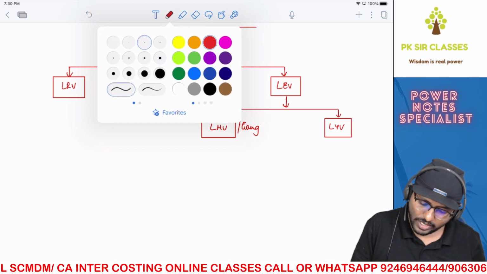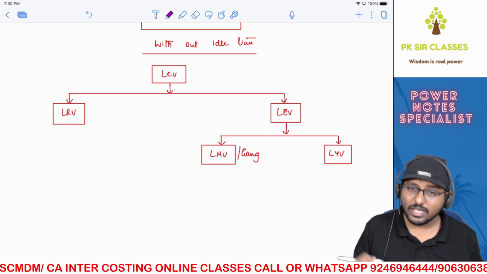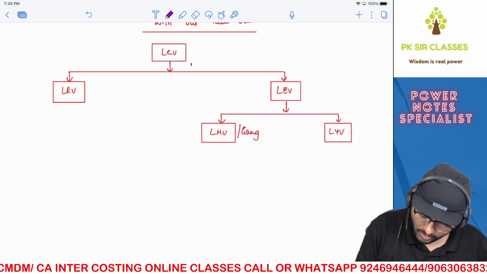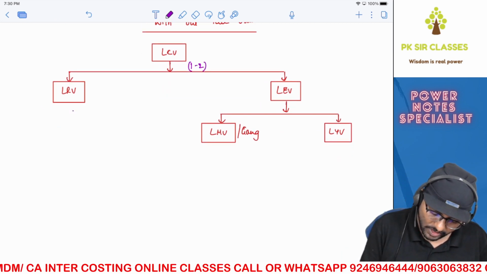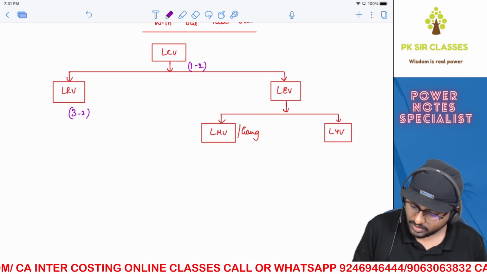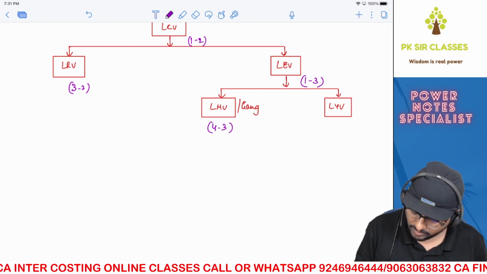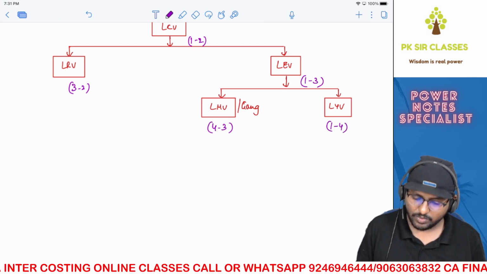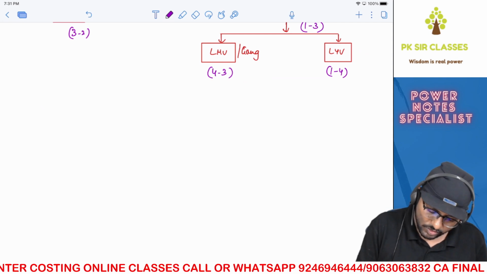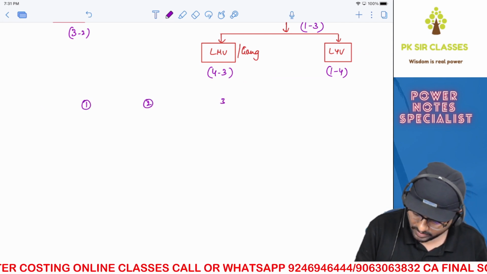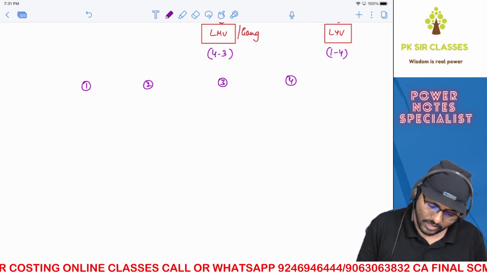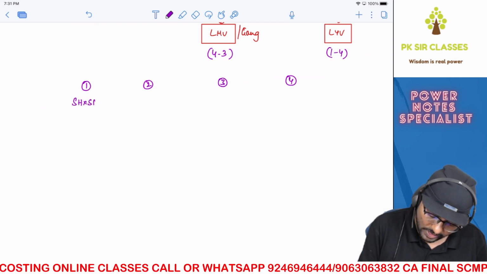Now, by this time, you guys already know the formula. So, can you please tell me the formula now? 1 minus 2, 3 minus 2, 1 minus 3, 4 minus 3, 1 minus 4. Are you able to understand? So 1, 2, 3, 4. The first one is SH into SR per hour.